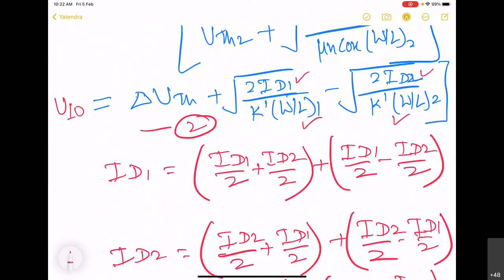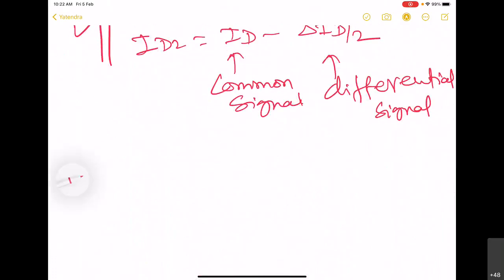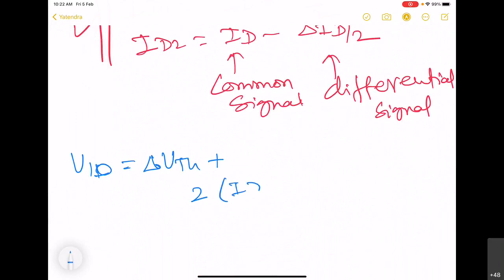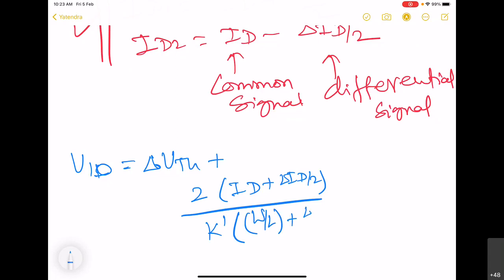So here you can see that VIO is now delta VTH plus square root of 2 times (ID plus delta ID by 2). In denominator we have K dash, W by L1, which will be W by L plus delta W by L by 2.